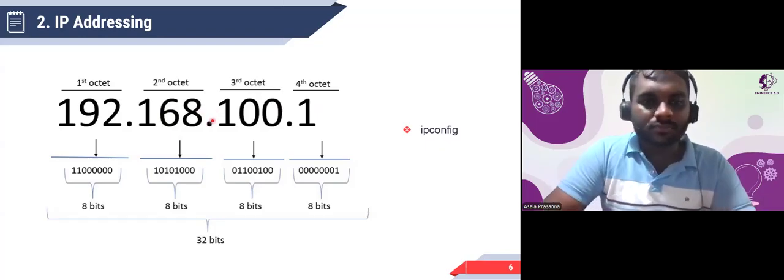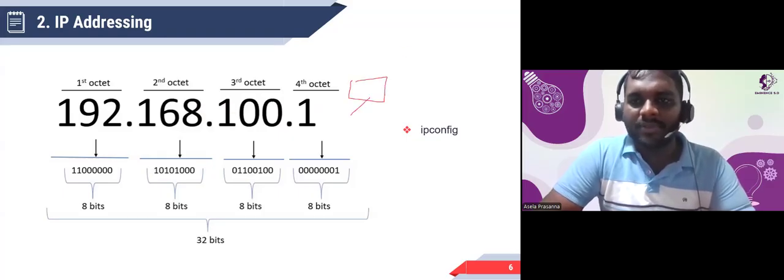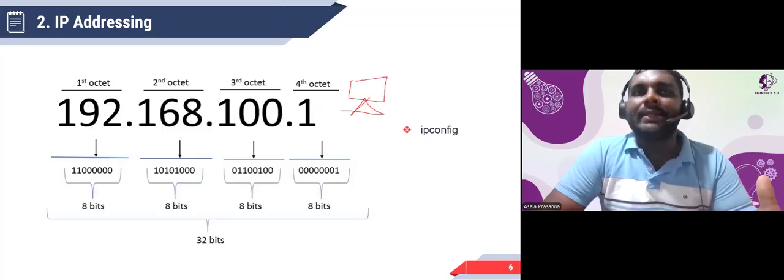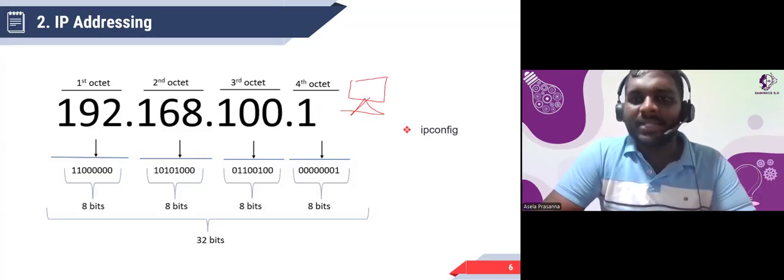As I mentioned before, if our computer is there, this computer must have an IP address to communicate. The example IP I gave earlier was 10.10.10.1. So this is an IP address. My computer must have an IP address, and the other computer which I am communicating with must also have an IP address.